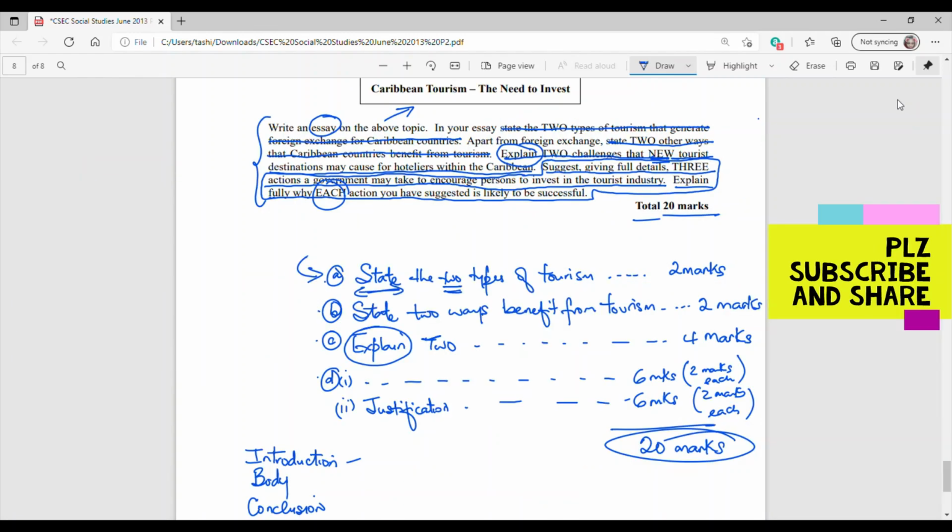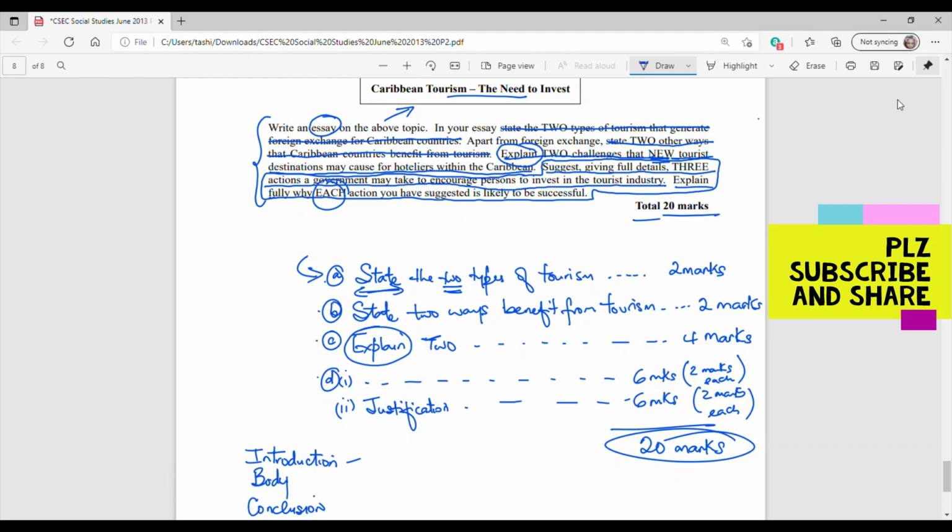Okay, so for our introduction, you are going to introduce exactly what you are talking about. So you are asked to speak specifically about Caribbean tourism, the need to invest. That's what they said. Write an essay on the topic above. So Caribbean tourism, the need to invest. So you need an introductory sentence or a topic sentence that is going to highlight what it is that you're going to be talking about.